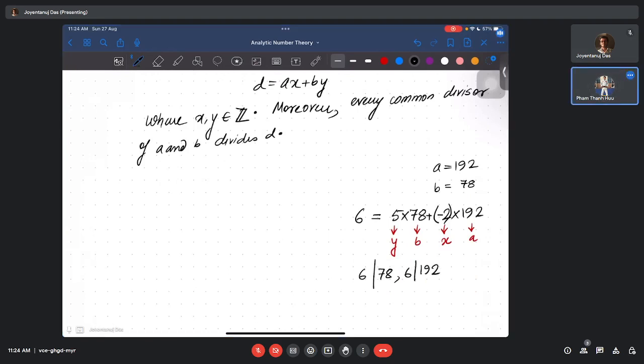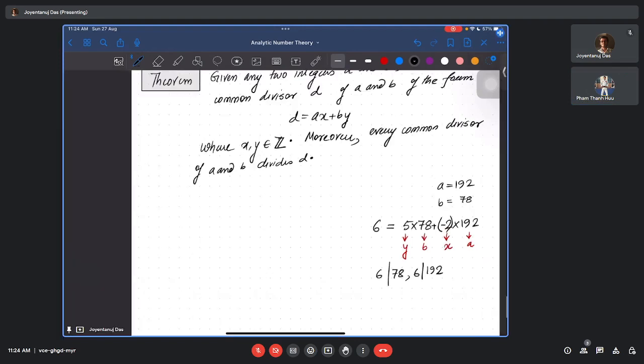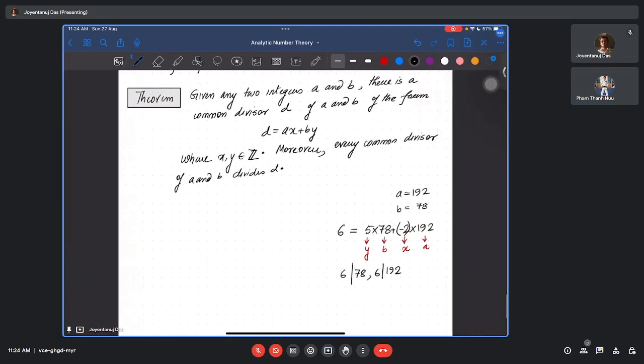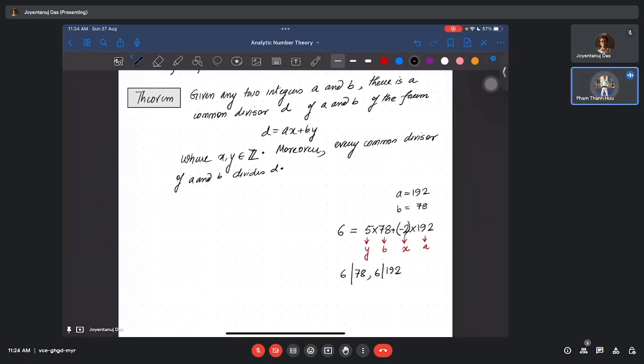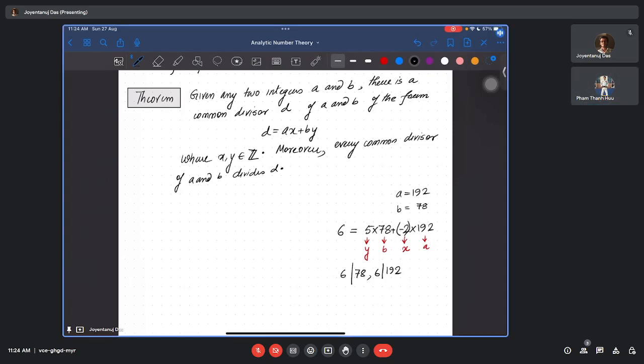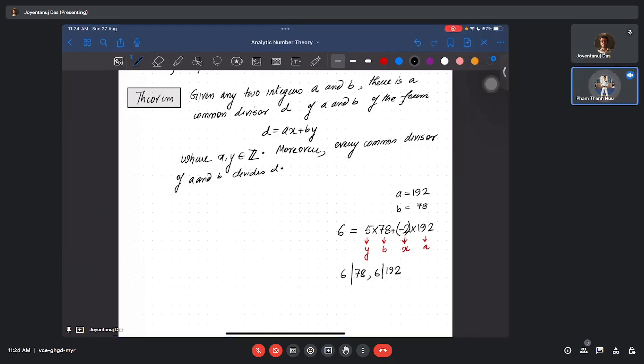Similarly, we can express it in the form ax plus by, where x and y are integers. So is this example what you are asking about, or anything else? Every common divisor of a and b divides d.